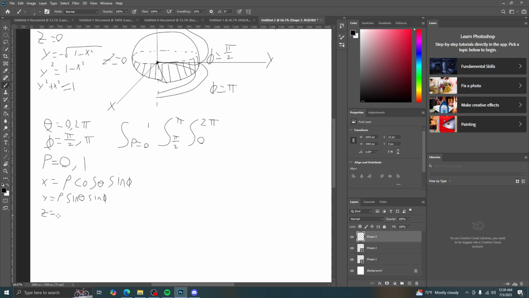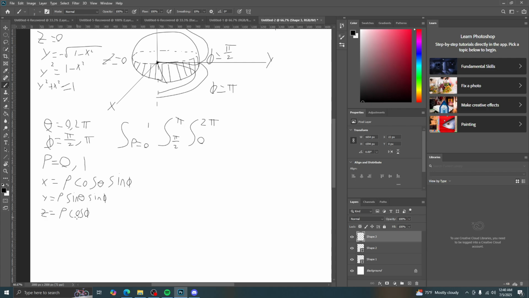And then z is going to be rho cosine phi. The way I remember this one is they all have a rho. And the only reason I remember cosine phi is that it doesn't appear in any of the others. It's the only combination of angle and trig function that doesn't appear in these two.